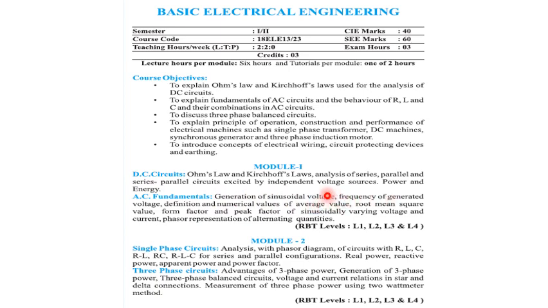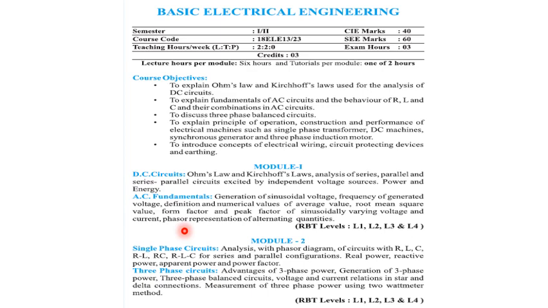Frequency of that generated voltage you are going to study, and some definitions related to average value, root mean square value, form factor, peak factor of sinusoidally varying voltage and current. And the phasor representation of alternating quantities is also studied in this part. So the first module consists of 2 parts, that is DC circuits and AC fundamentals.